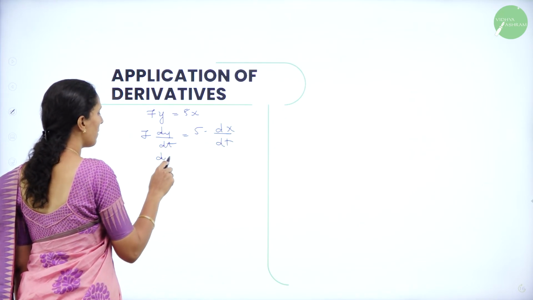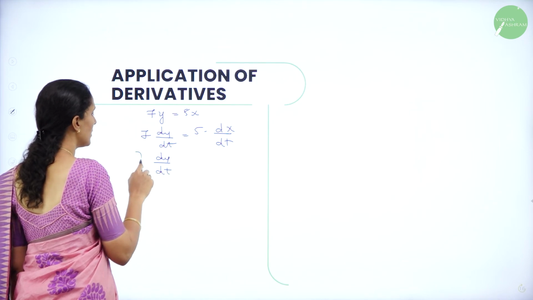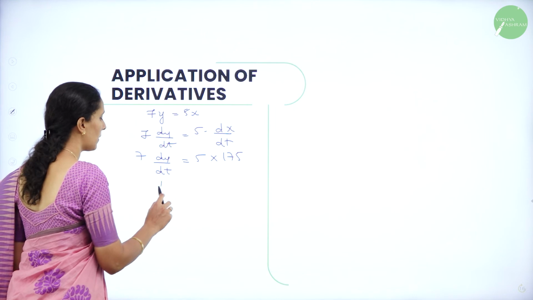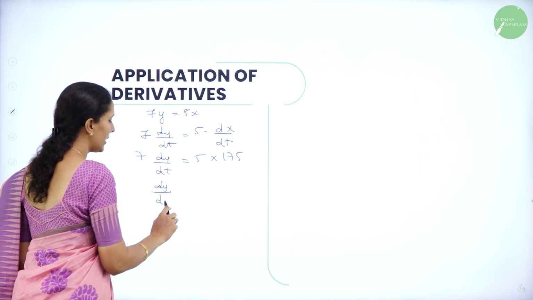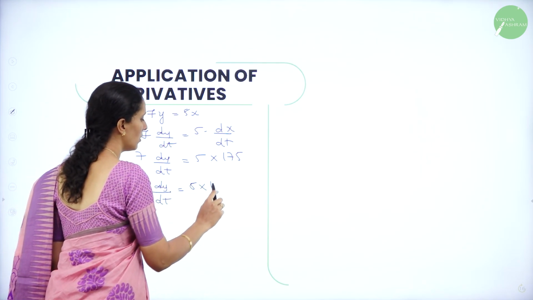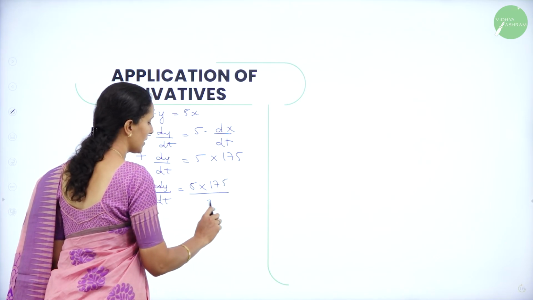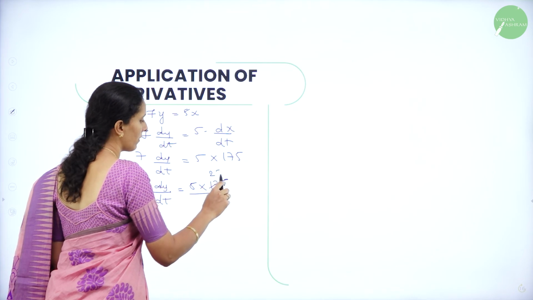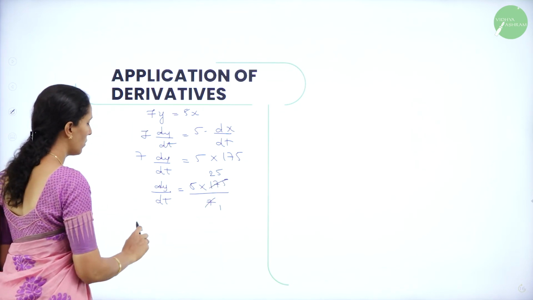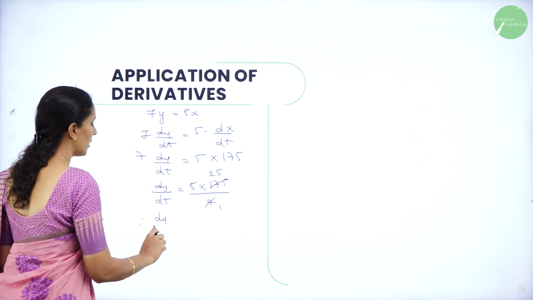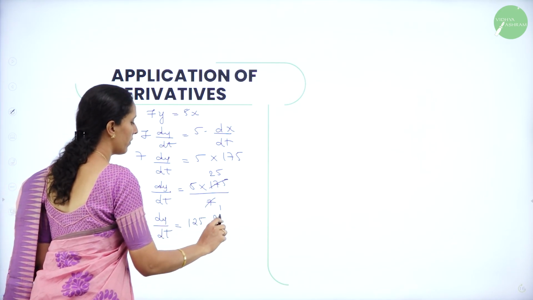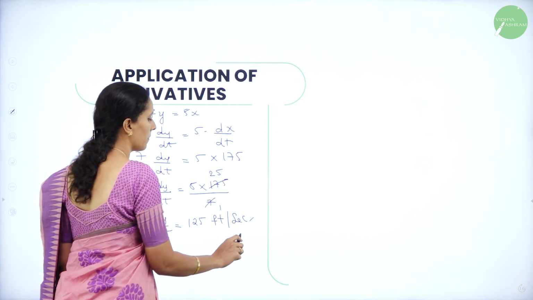So dy by dt is 5 into 175 divided by 7. 7 1s are 7, 7 2s are 14, 7 5s are 35. Now therefore dy by dt is equal to 125 feet per minute.